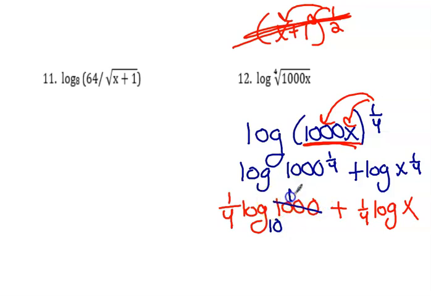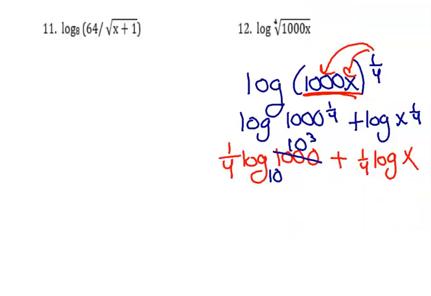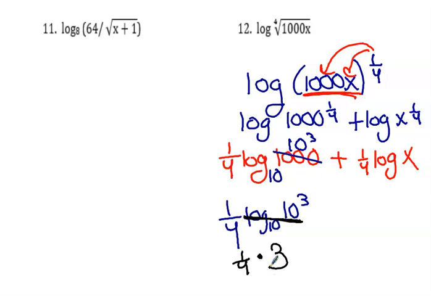And 1,000 can change to 10 to the 3rd. So we've got 1/4, and log of 10 to the 3rd. I'm writing a lot more down than I need to just to make sure that we understand this. So this cancels out, and I have 1/4 times 3, which is 3/4. And then I can bring this down, plus 1/4 log x.